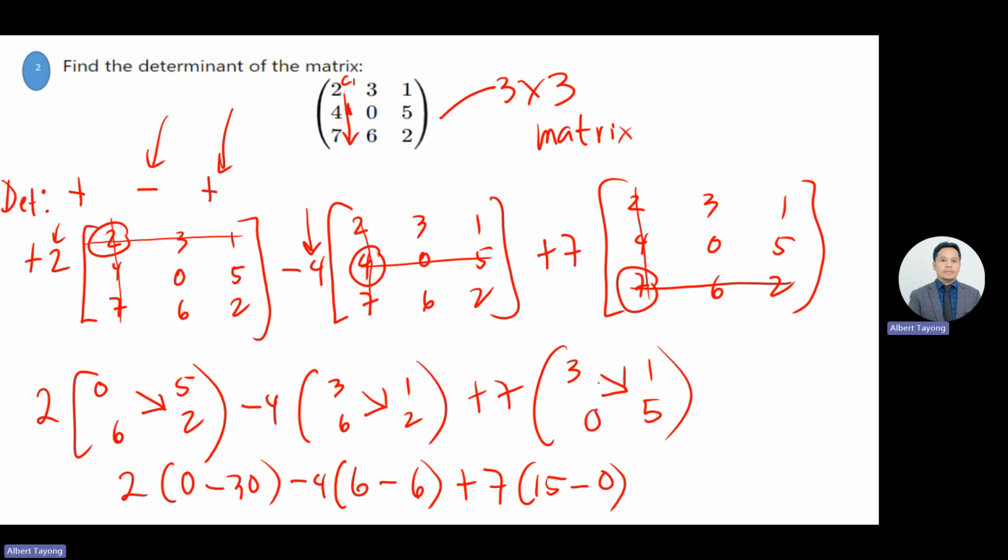Always left diagonal first, minus the elements in the right diagonal. So the answer here is 45. Here we have negative 60. Here we have 0, 6 minus 6 is 0. This is 105 minus 60, which is equal to 45. Okay, so this is how to find the determinant.